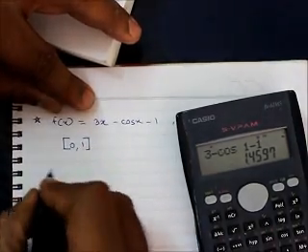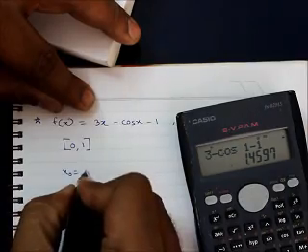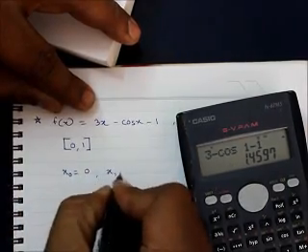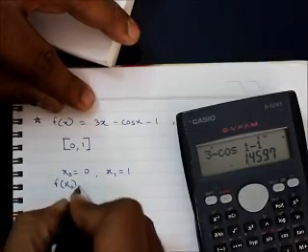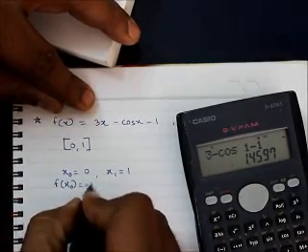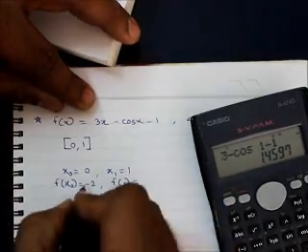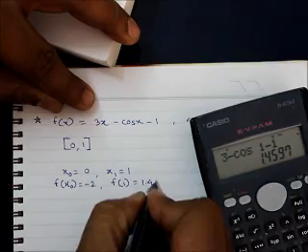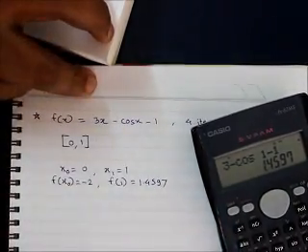So x0 is equal to 0, x1 is equal to 1, f of x0 is minus 2, f of 1 is 1.4597.